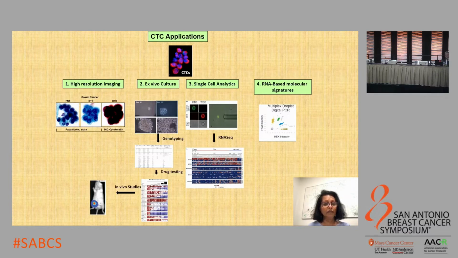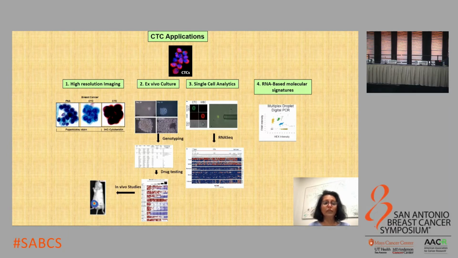This process is very gentle, so the CTCs are intact and viable, and they can be used for various downstream applications. They can be stained and visualized by high-resolution imaging. They can also be cultured ex vivo.